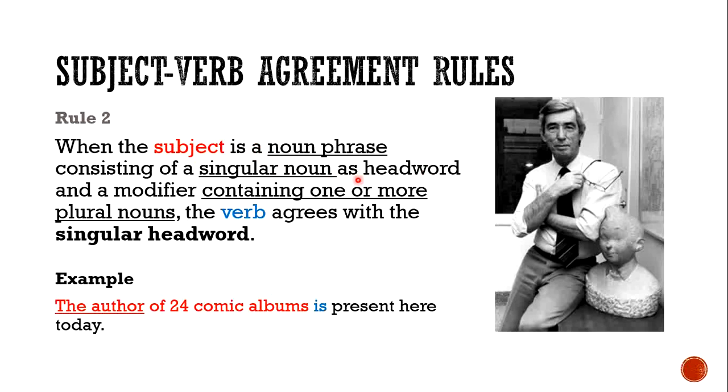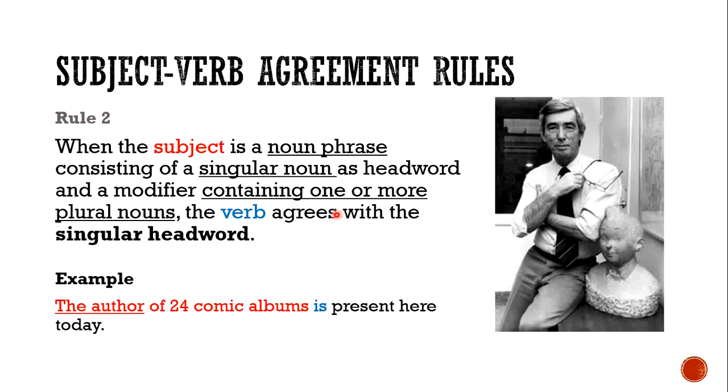Now, if we take a noun phrase, where the whole group of words acts as a noun, we call it a noun phrase. That means in this subject we have more than one word. When a subject is a noun phrase consisting of a singular noun, that means this noun phrase has one singular noun as a head word and a modifier containing one or more plural nouns.